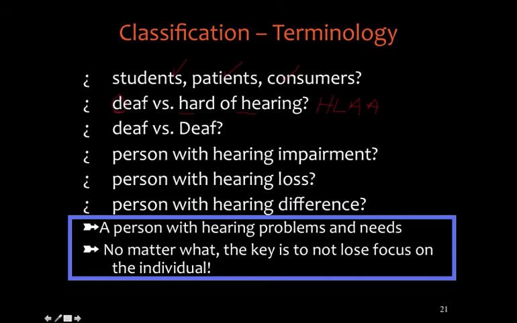And the presumption here is that people who are deaf would be people for whom their ability to use the auditory channel is very significantly challenged to the point where it has to be supplemented by visual channel information. Hard of hearing would describe individuals who need some assistance to hear beyond what normal had been for them before.